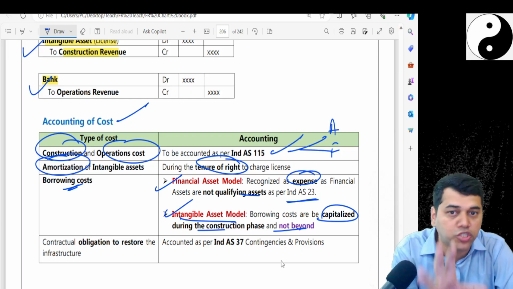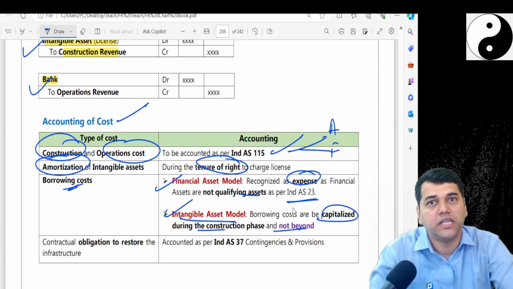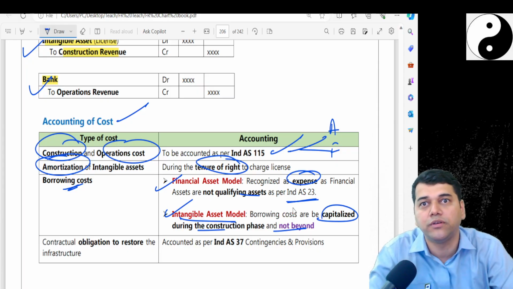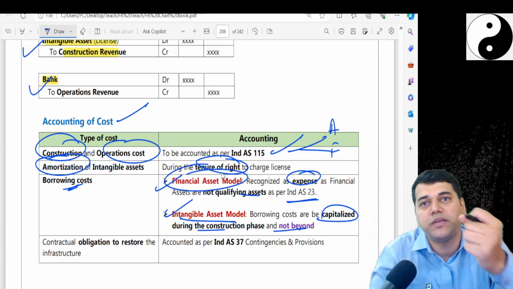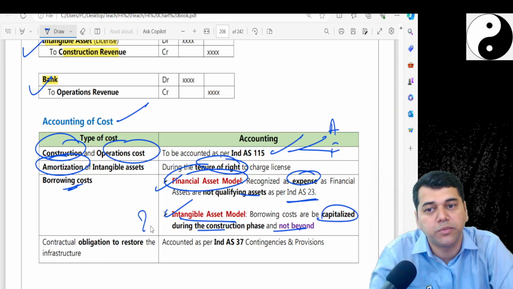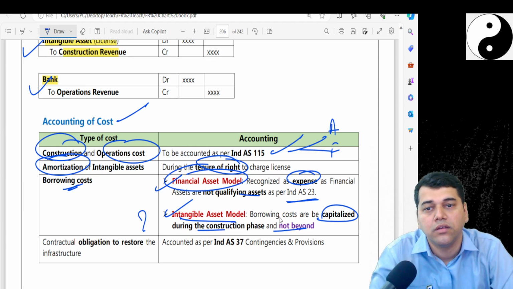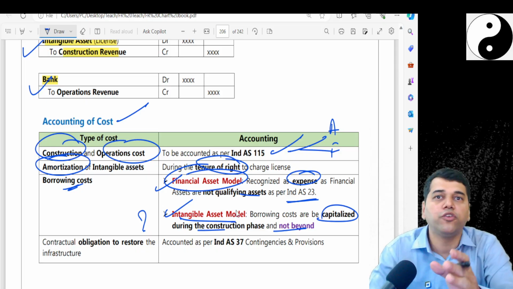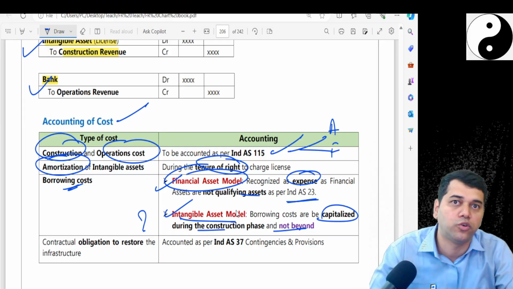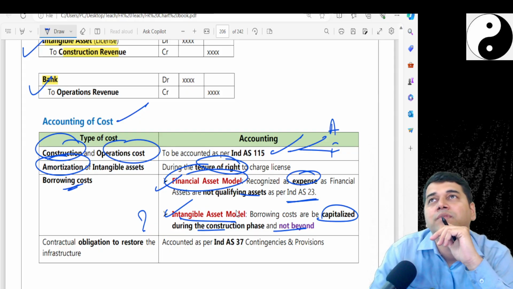Anyhow, they have not asked questions on this part. Is an intangible asset a qualifying asset? Yes, it will take time, because on day one I do not know how much money I am going to get. Yes, it is ready for use, but can you use it without construction of the road? You remember, we discussed this part in borrowing cost.